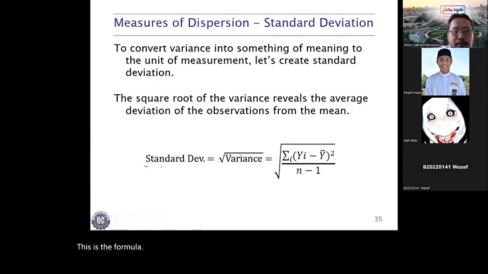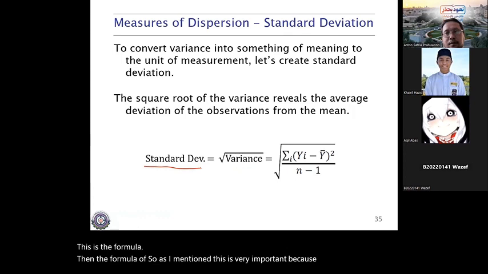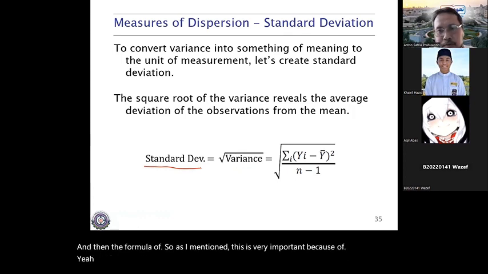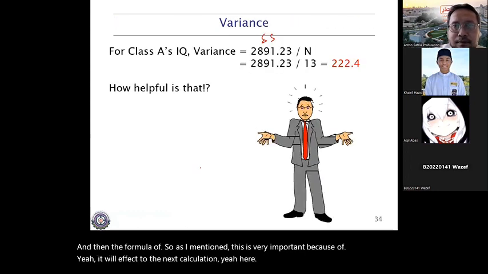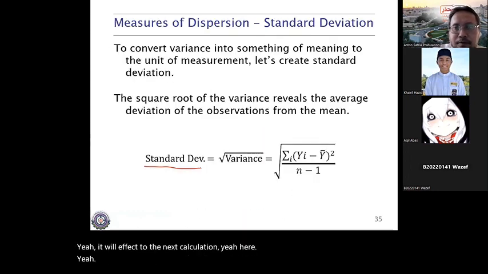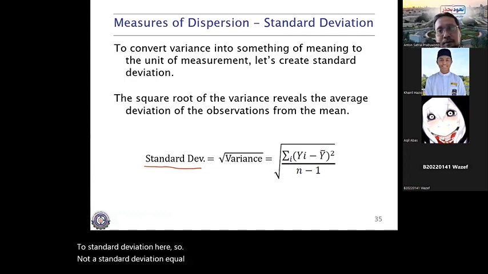And the formula, as I mentioned, variance is very important because it will affect the next calculation, the standard deviation. So standard deviation equals the square root of variance.